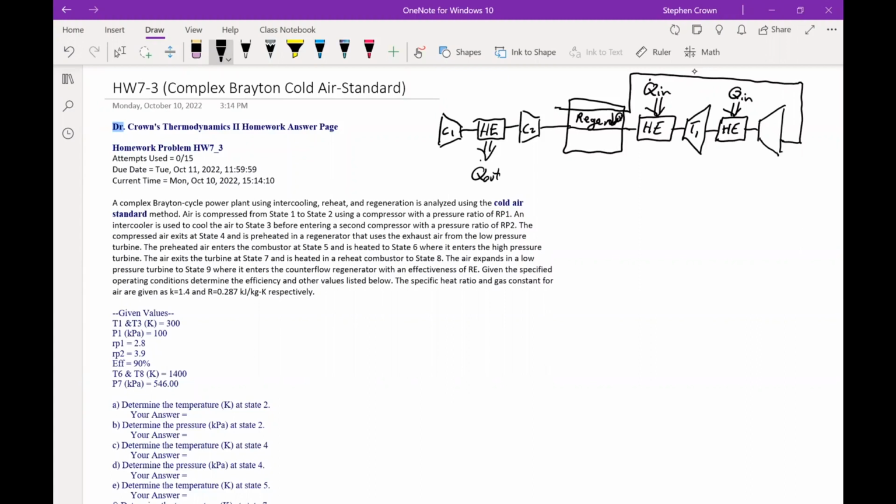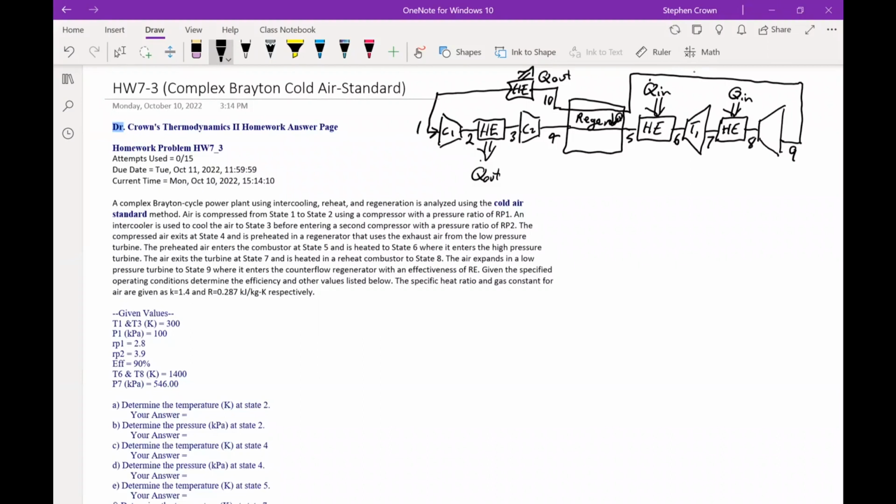And then through another heat exchanger, where we have Q out, and finally back into compressor 1. So let's label these states, starting with the inlet to compressor 1 as state 1, state 2, 3, 4, 5, 6, 7, 8, 9, and 10.